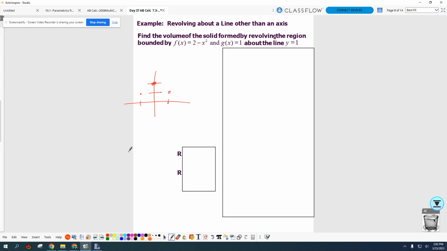Wait, when does it open to the right? y equals x squared. So this is a downward facing parabola. And it says we're going to take that curve and g of x equals 1. Josh, what does the graph g of x equals 1 look like?